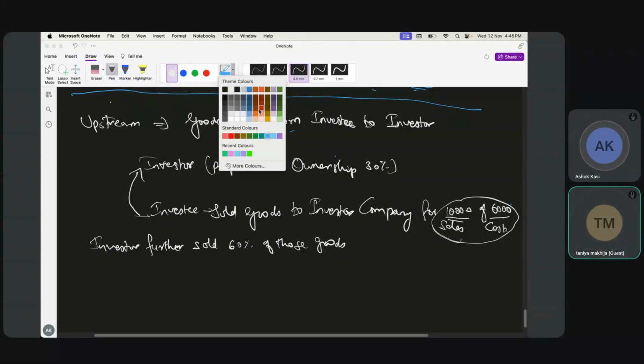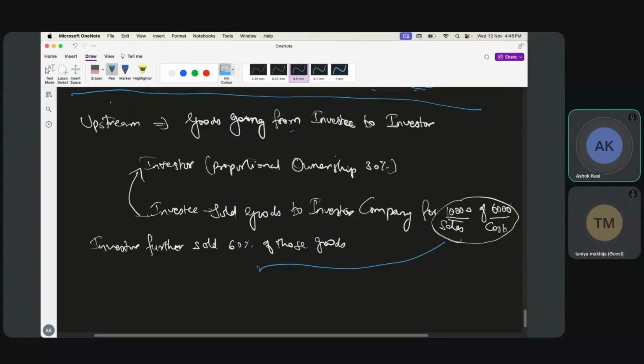See, the difference is all about 4,000 profit. In this profit, the problem is 40%. That means 1,600. In that 1,600 also, our share is only 30%.